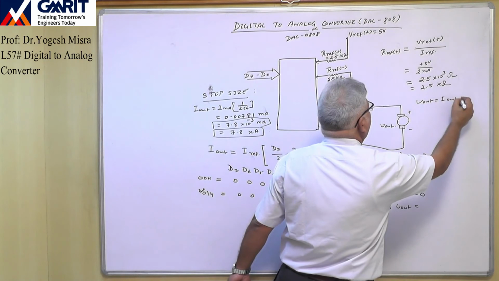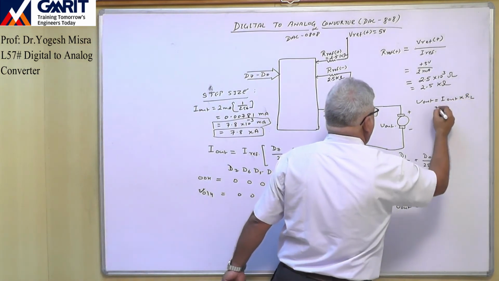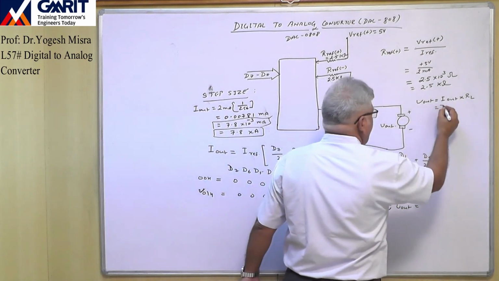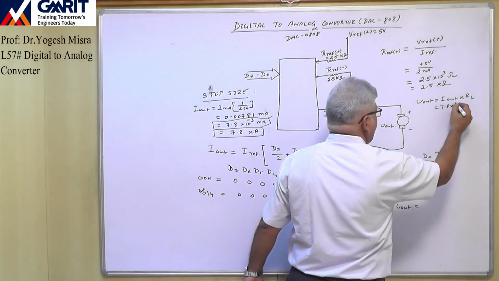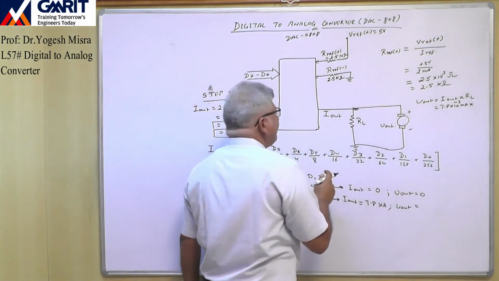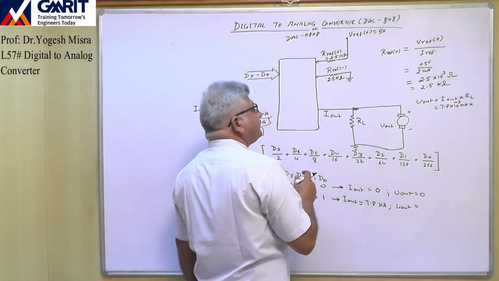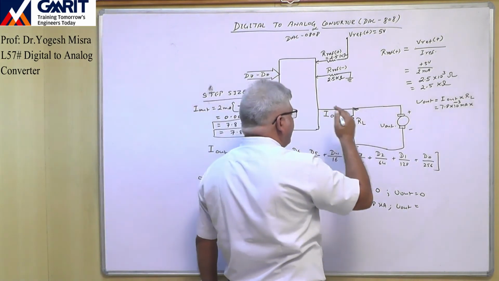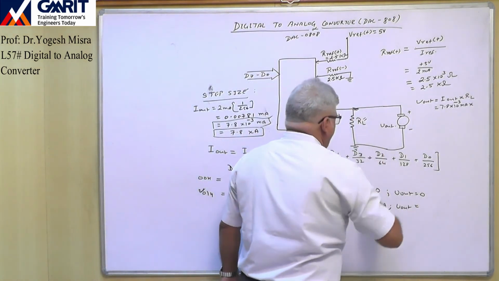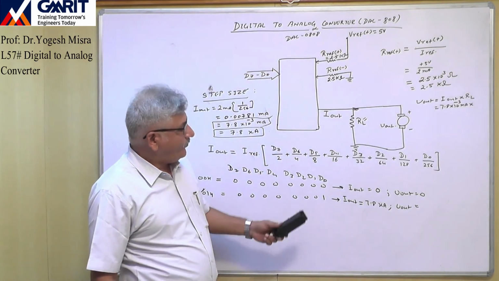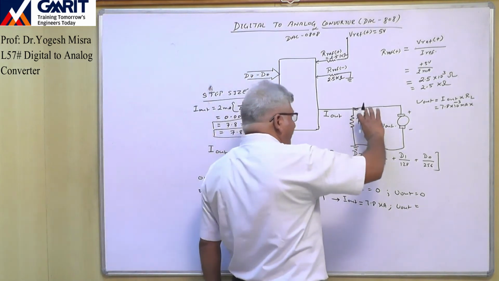I out multiplied by RL, and I out we are having this 7.8 into 10 raised to the power minus 3 milliampere multiplied by RL. Now this RL, we will select this RL. Suppose we want to get a maximum output.